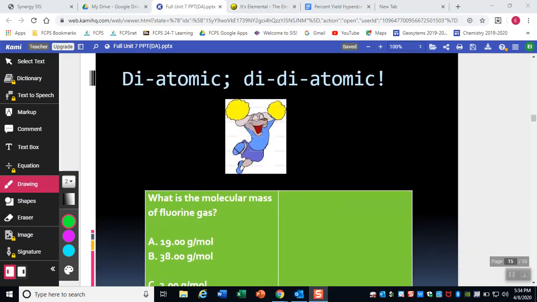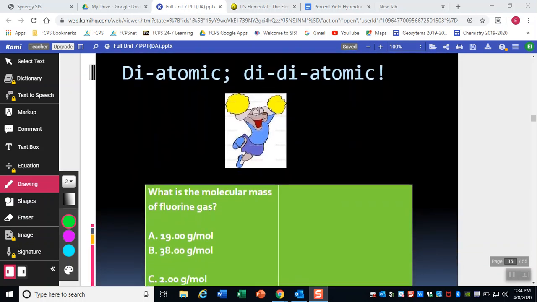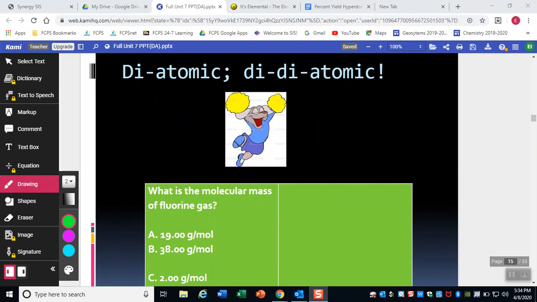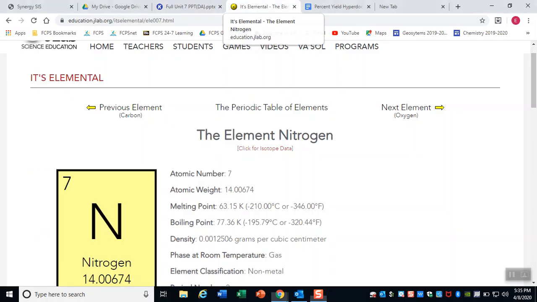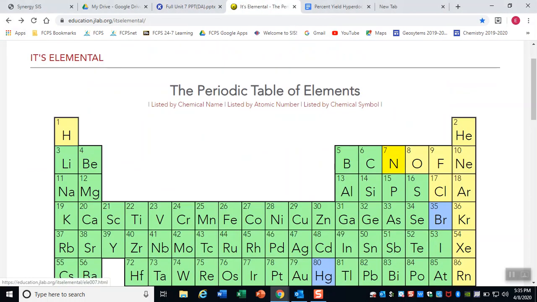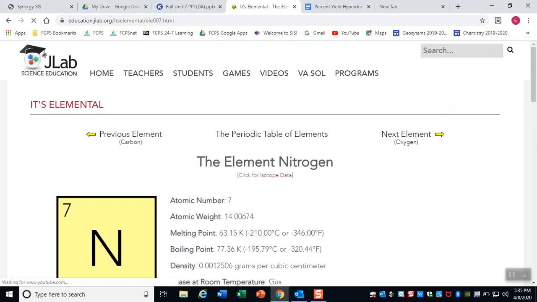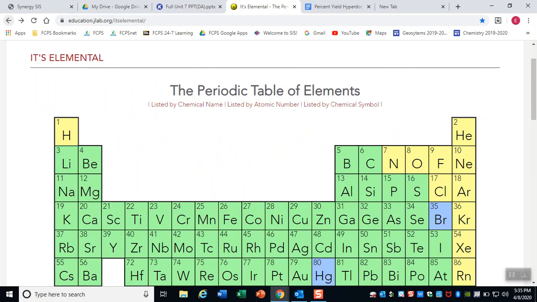So now we're talking about diatomic elements, and those would be those 7 elements in the periodic table that are so reactive. If I'm looking at my periodic table, starting with number 7, these 6 plus hydrogen are so reactive that they are always in a pair.